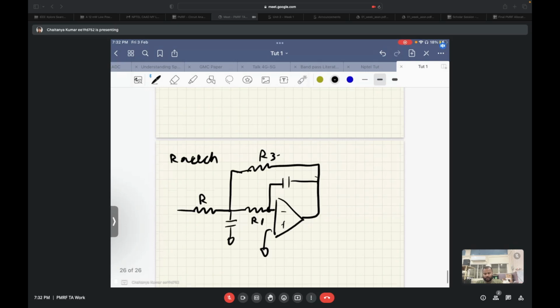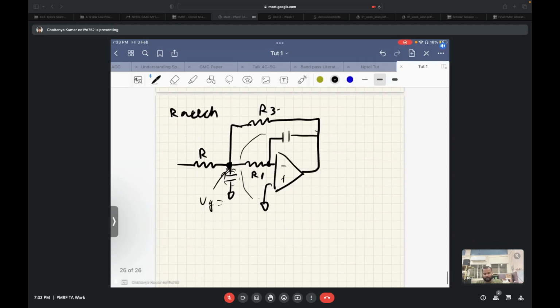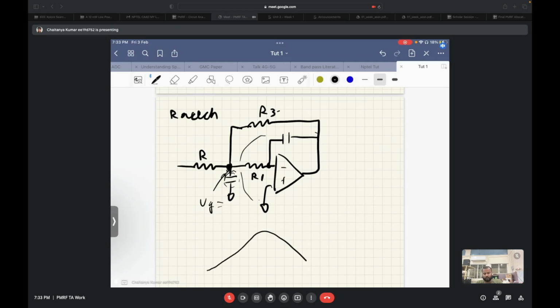Now the problem with this structure is that you don't get a pure virtual ground at high frequencies, when this capacitor starts becoming a short. So you will have some bandpass kind of response at this node, where at low frequencies you will have an actual virtual ground where this will be zero.